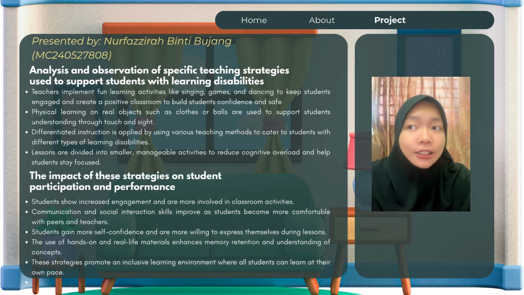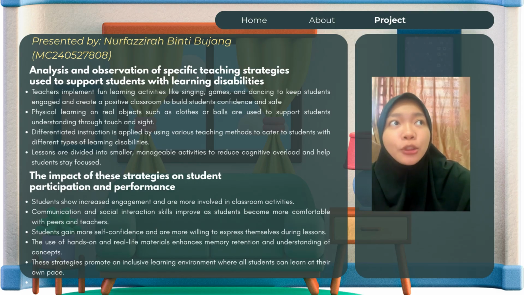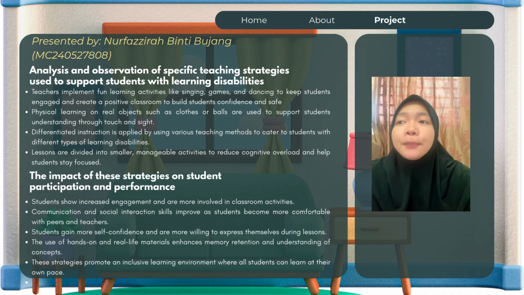And lastly, she also makes lessons that are divided into smaller, manageable parts to reduce cognitive overload. This helps the students to concentrate better and stay involved in the learning process throughout the classes.